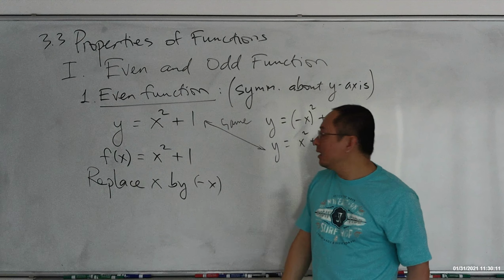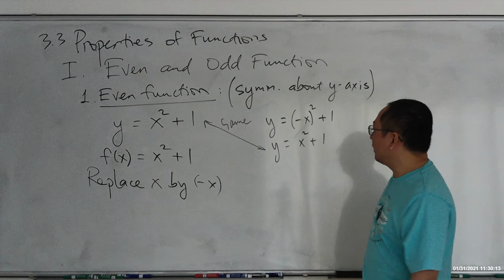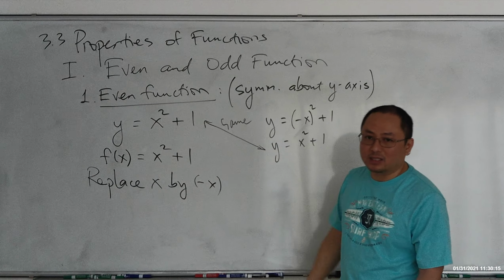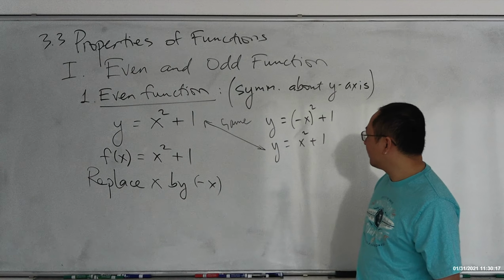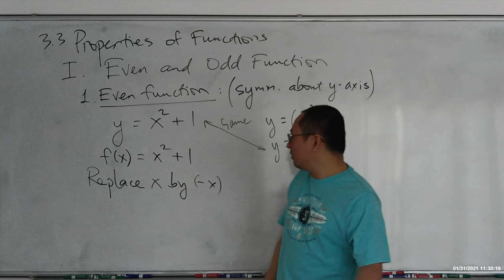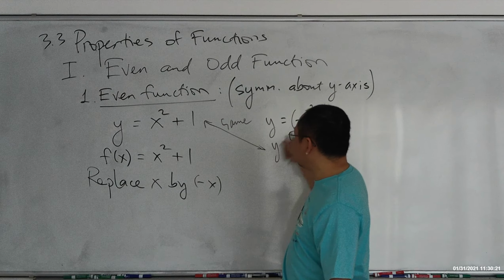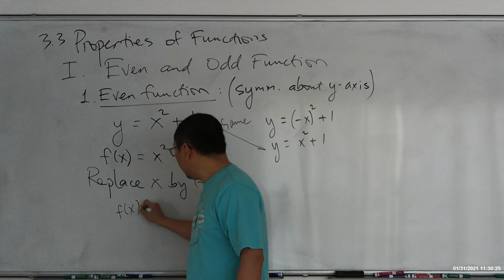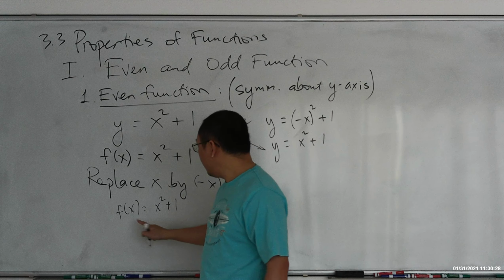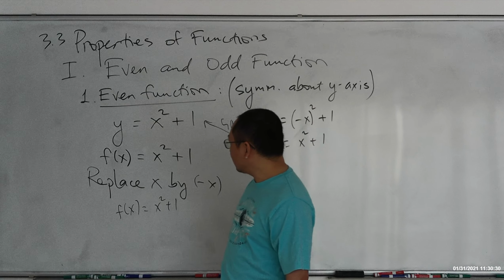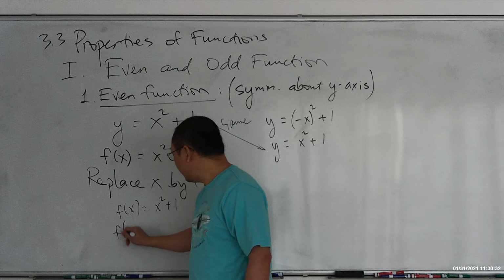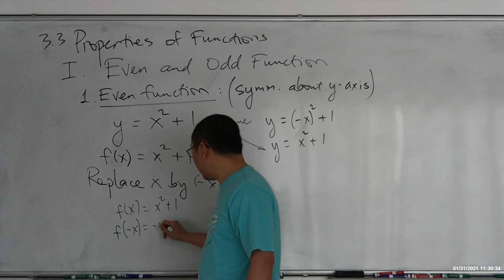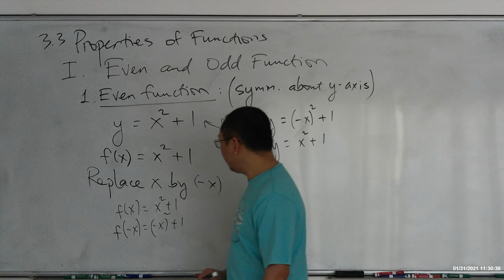And then you say the equation or the graph is symmetrical about the y-axis. That's exactly what we learned before. Now, in terms of function, you technically do the same thing. Replace x by negative x. So this is f of x equal to x squared plus 1. When you replace x by negative x, you get f of negative x equal to negative x squared plus 1.